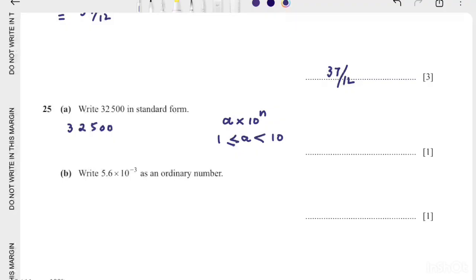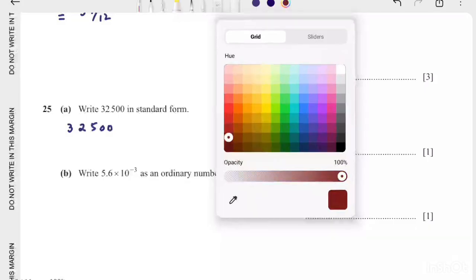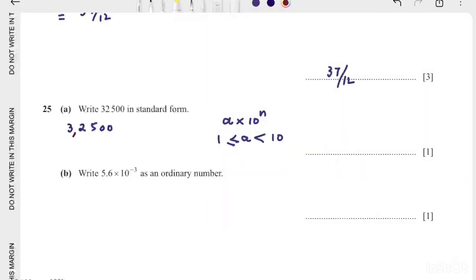So the decimal should be placed over here. So it comes 3.2500 times 10 raised to a power. We have to count the digits after the decimal: 1, 2, 3 and 4. There are 4 values, so this would be the answer: 3.2500 times 10 to the power 4.